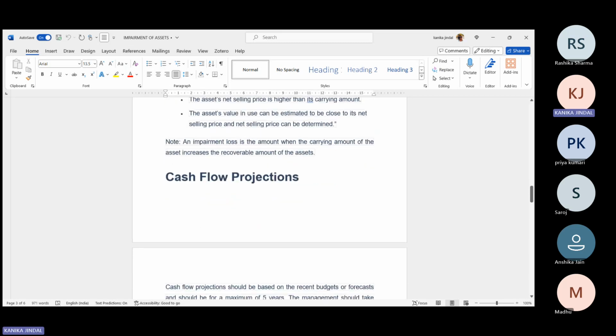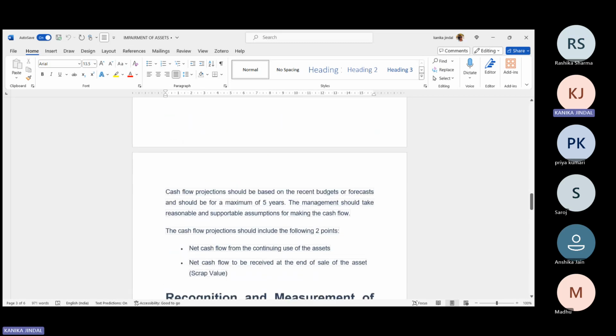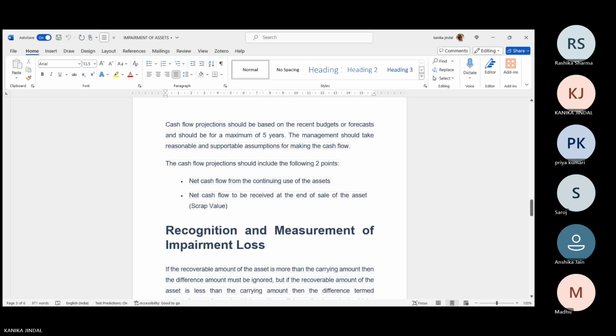Okay. Next is cash flow projections. Cash flow projections should be based on the recent budgets or forecast and should be for a maximum of 5 years.